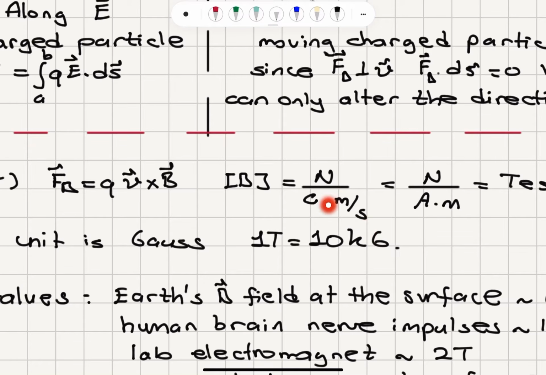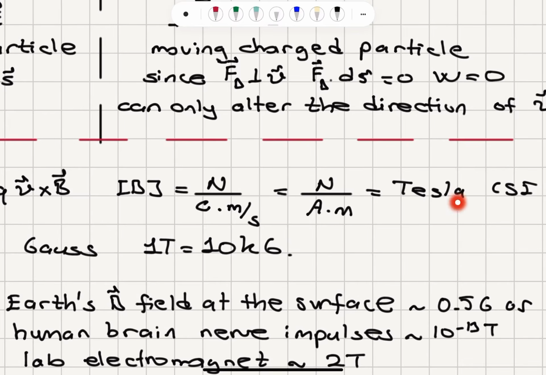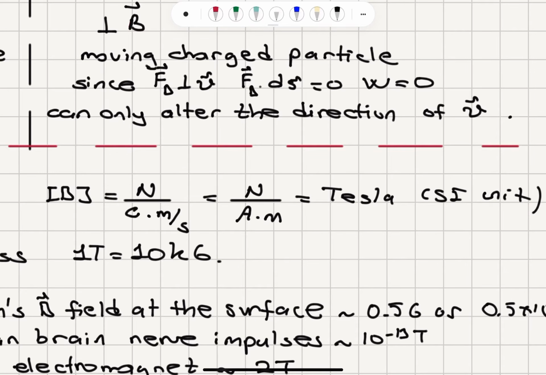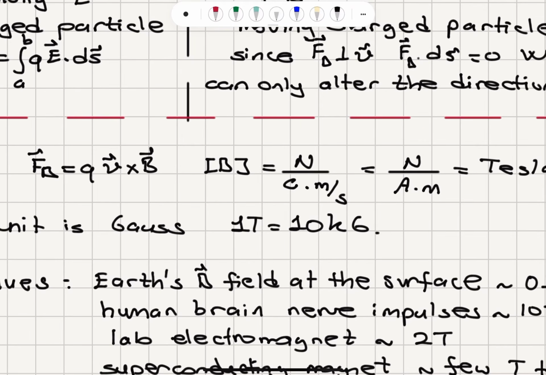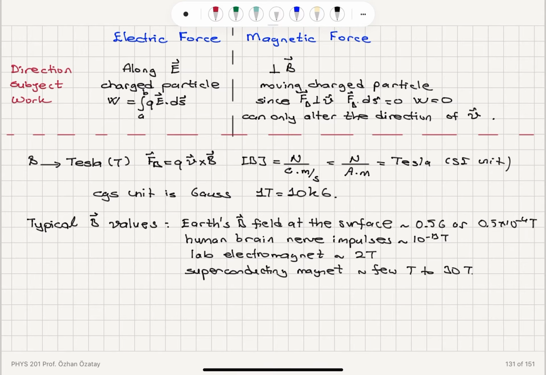Coulombs per second, dq dt, is amperes, that's current. So newton divided by ampere meter is Tesla. That's the SI unit of magnetic field. The CGS unit, centimeter gram second unit, you should be aware of, is Gauss, and 1 Tesla is 10 kilogauss. But normally, in this course, we will only consider SI units.